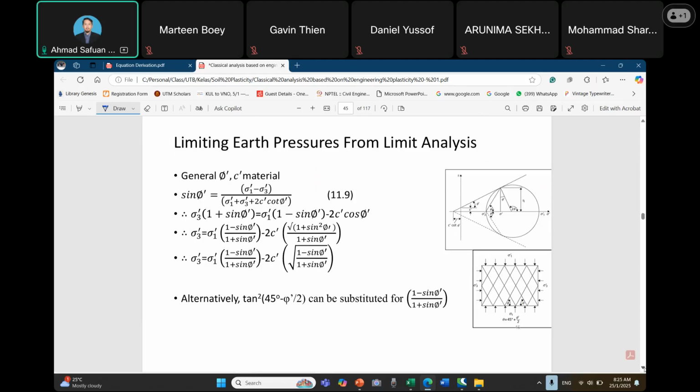So now we look at how the derivation works. If there is a phi and C, the Mohr circle will have a C value, and then also a phi. Then if we extend the line, there will be an additional C cot phi.